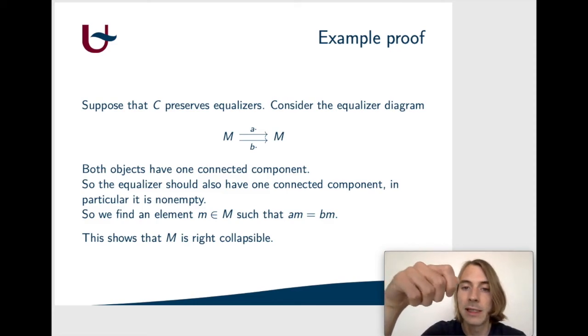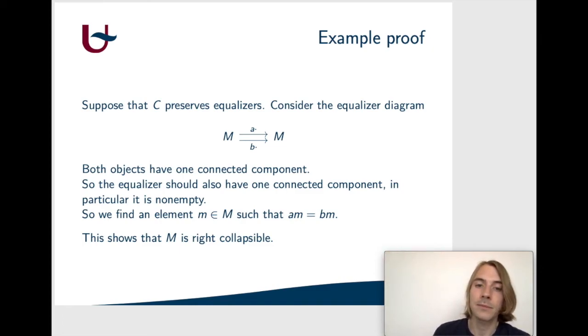The first map is multiplication by A on the left, and the second map is multiplication by B on the left. And because both objects have one connected component, the equalizer should also have one connected component, because the connected components functor preserves equalizers. And in particular, the equalizer should be non-empty. But because this equalizer is non-empty, we can find an element M of the monoid such that AM is equal to BM. And this shows that M is right collapsible.